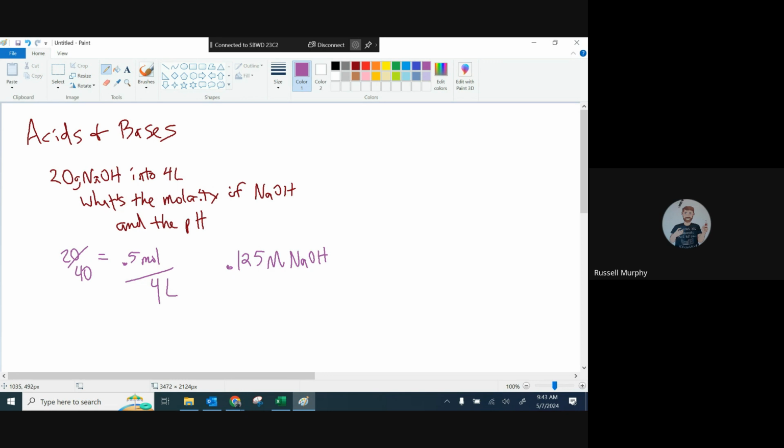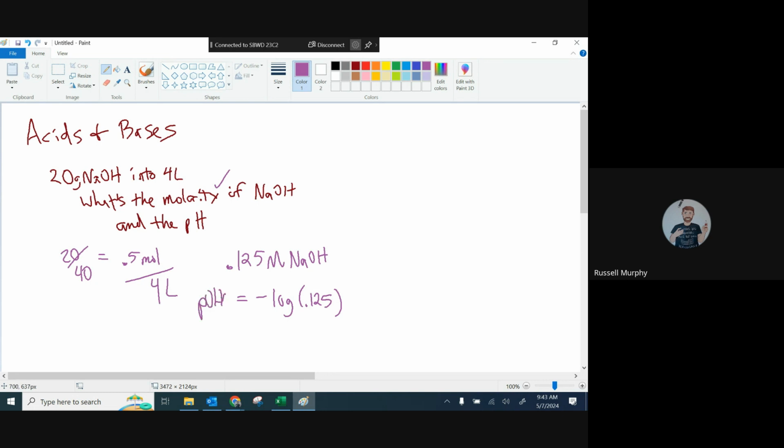All right, so we've done this part. Now we have to find the pH, but they've given us something that's hydroxide, haven't they? If I take the negative log of 0.125, I'm going to be calculating a pOH.